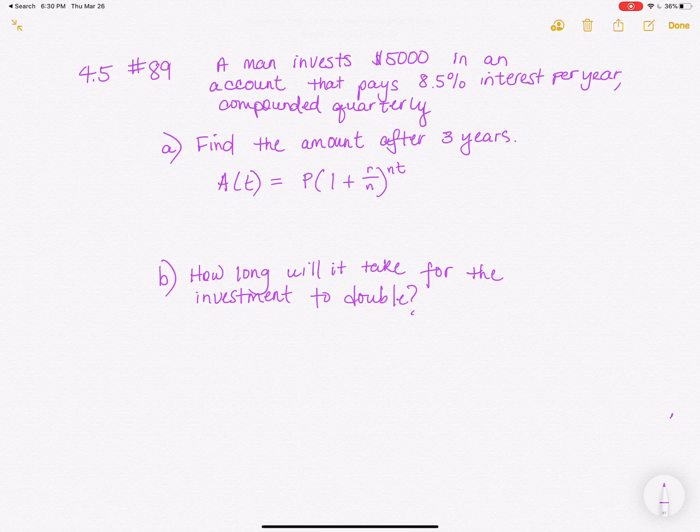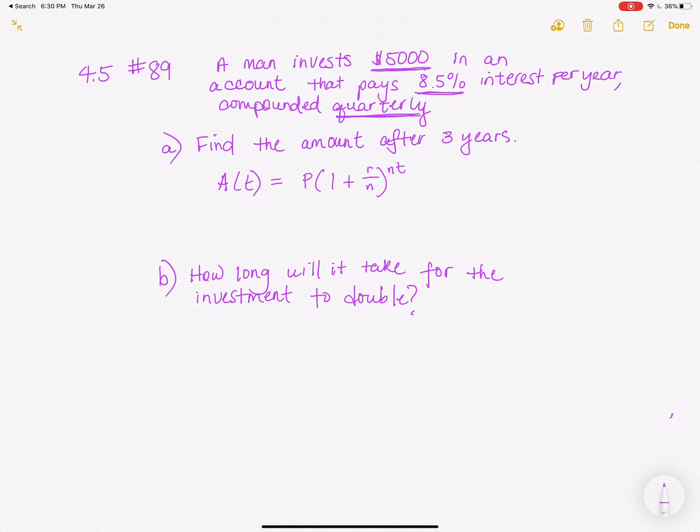So if I'm looking at what information they've given me here, they've given me $5,000, which is my principal amount. They've given me 8.5%, which is my interest rate, and then they tell me that it's compounded quarterly, or 4 times a year.